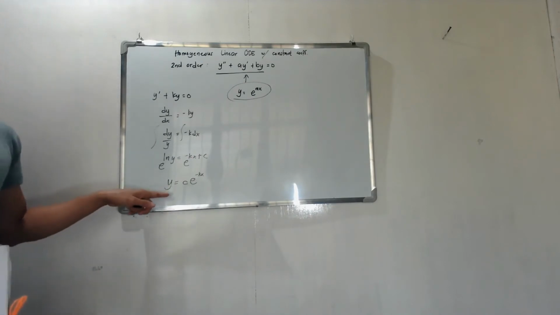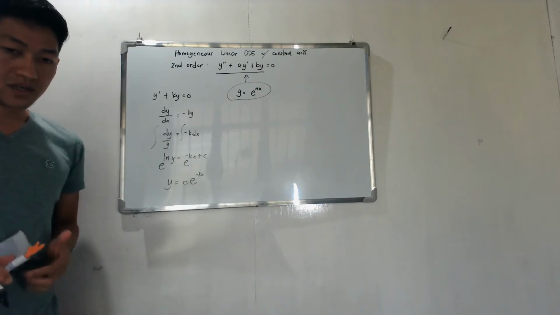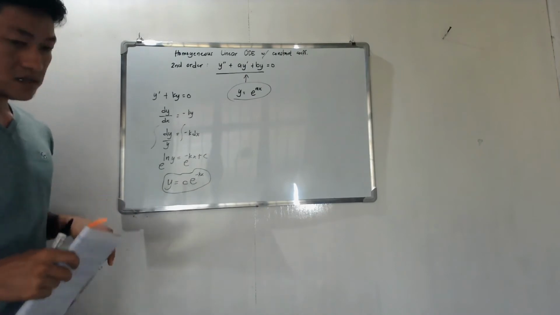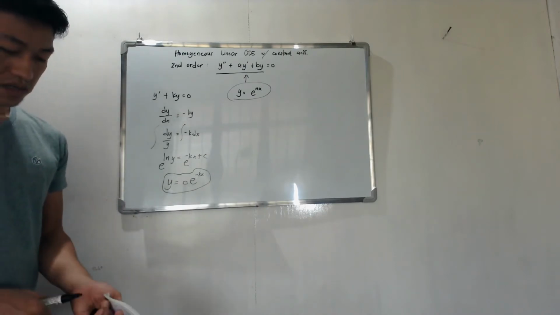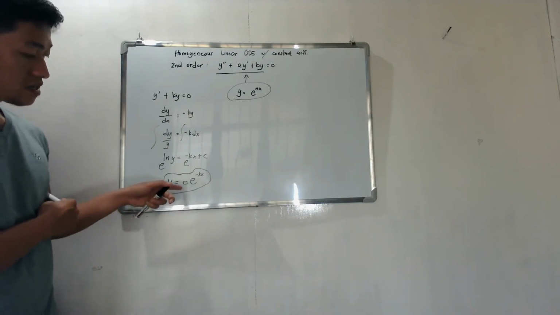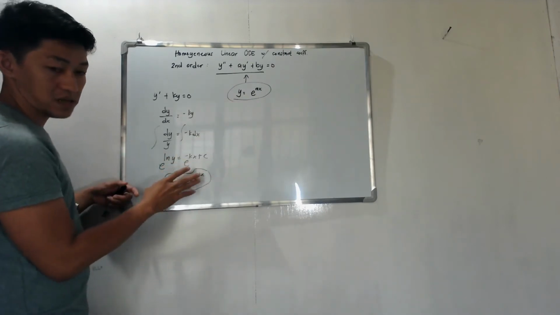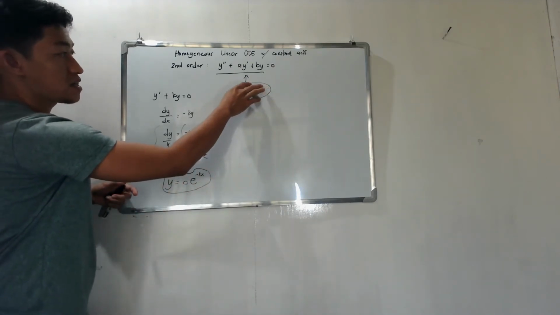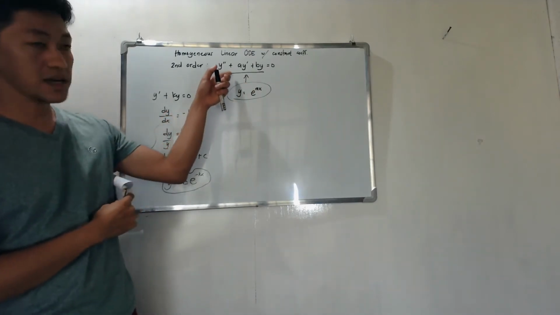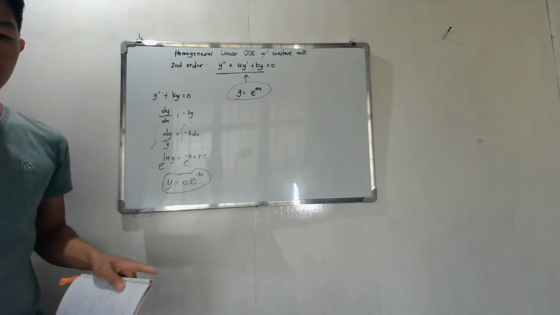So this is the general solution of the first order linear differential equation. Now looking at this one, the mathematicians propose that, basing from this one, they postulate that this function is also a solution to this general second order differential equation.